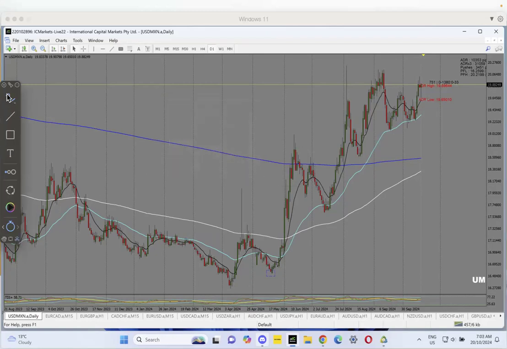Perfect. After explaining all this information, let's start afresh. If H1 moves 1, 2, 3 and resets, moves 1, 2, 3 and resets, moves 1, 2, 3, these resets, we might be sitting on the 200 EMA, but we're also resetting H4.